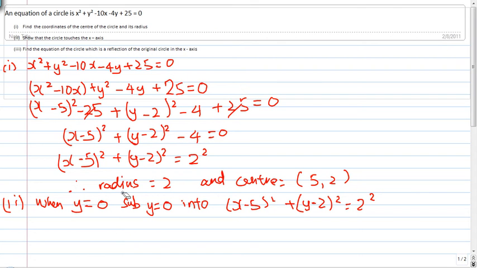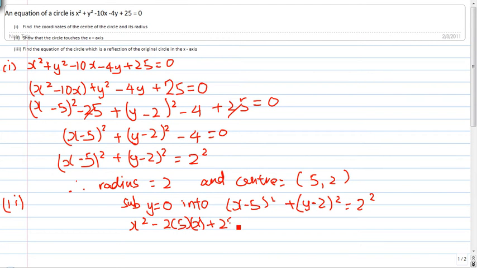Okay, let me just erase this to avoid confusion. Now x minus 5 squared is x squared minus 5x plus 25, and when y equals 0, I get minus 2 squared, which is 4, equals 4. In fact, I should not have done this step. Let me just retract.